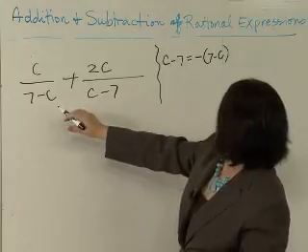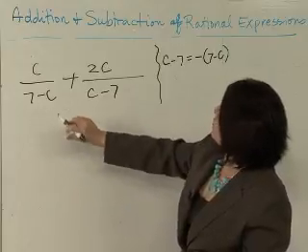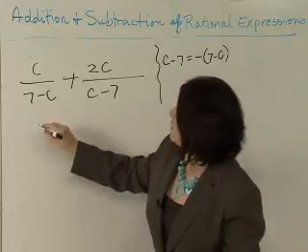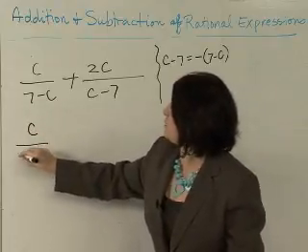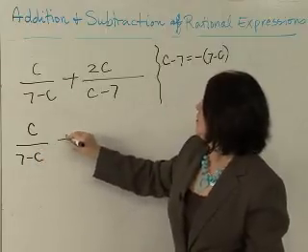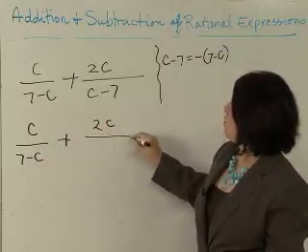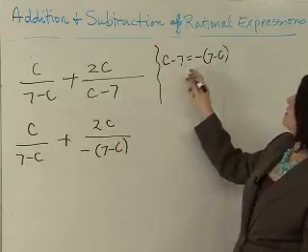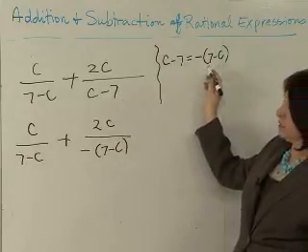Let's see here, 7 minus c, and that's what I want. So I want 7 minus c instead of c minus 7. So I'm going to go back here and rewrite c over 7 minus c plus 2c over negative 7 minus c. So I'm replacing c minus 7 with negative 7 minus c.